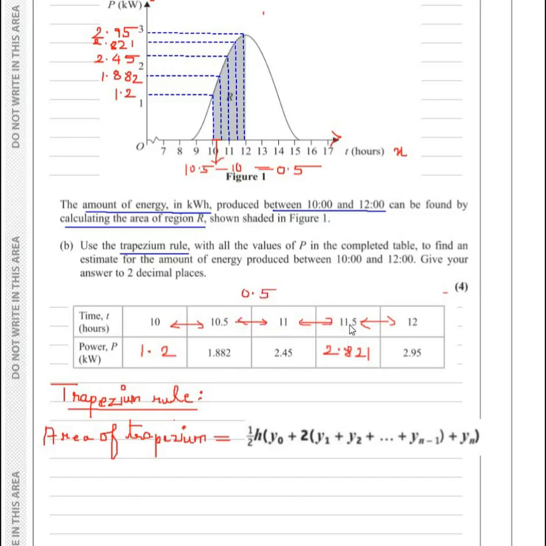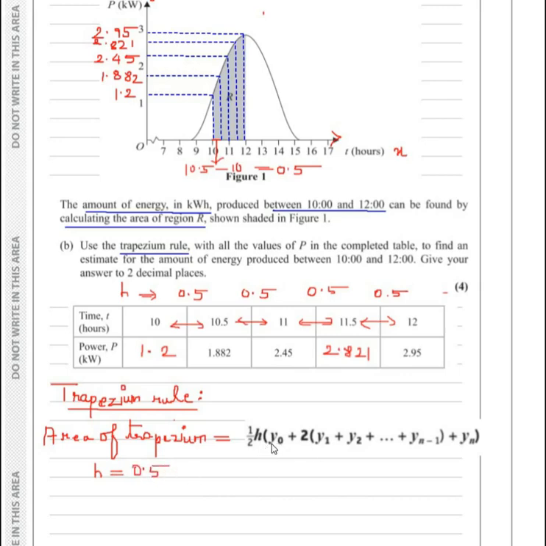The difference between 11.5 and 11 also gives you 0.5. And the difference between 12 and 11.5 is also 0.5. So we can see that h, the difference between the consecutive times, is 0.5 everywhere. Hence we have got h equal to 0.5.